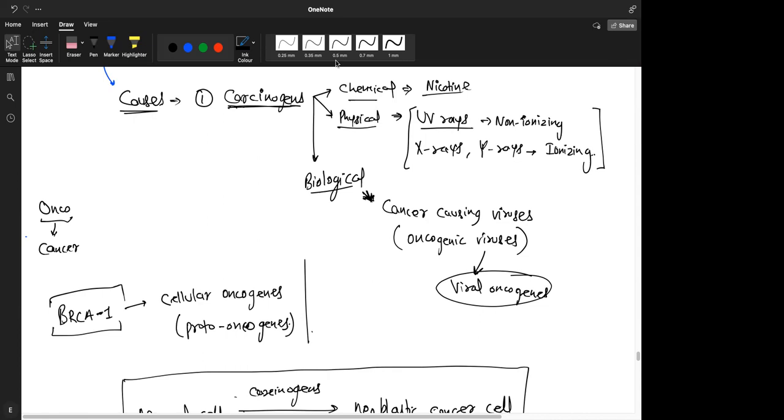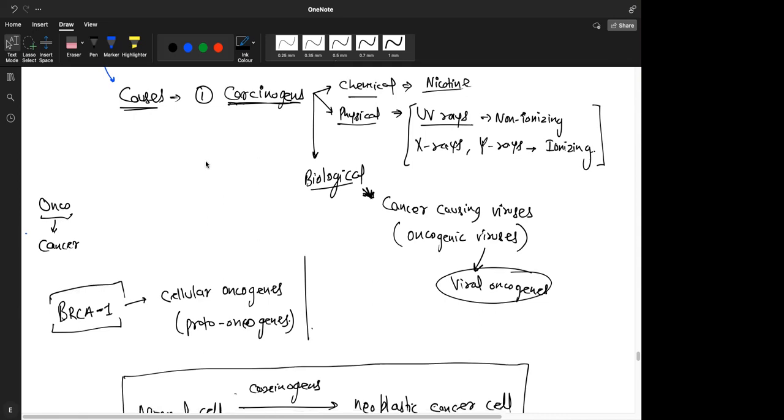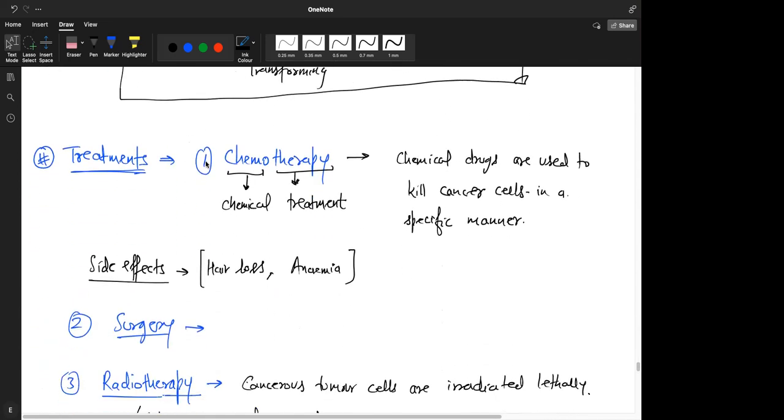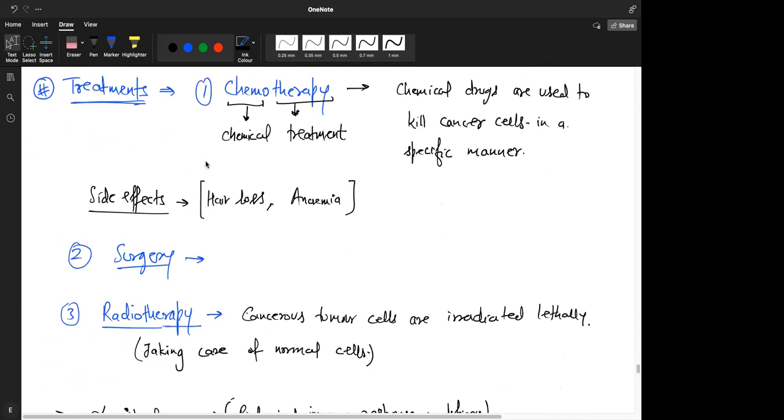Then we did treatments, in which we did chemotherapy. Chemical drugs are injected into the body to kill cancer cells in a specific manner. Chemotherapy has side effects like hair loss and anemia. Then we did surgery. It is one of the common approaches where the tumor is removed surgically.